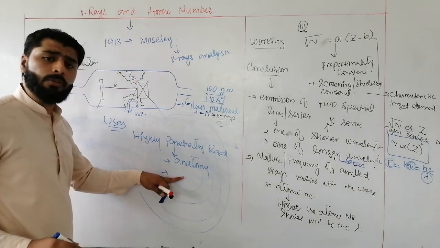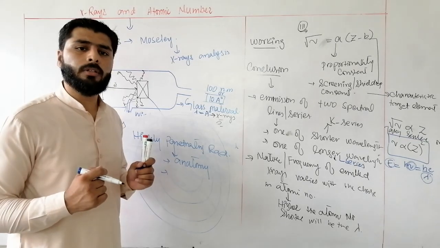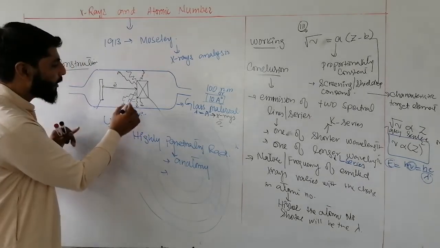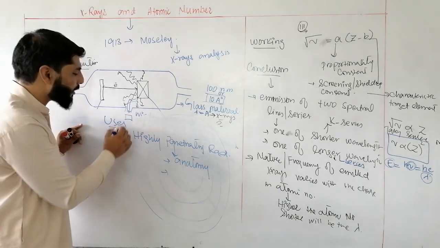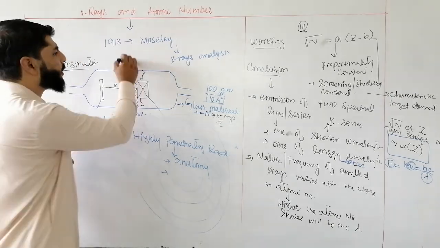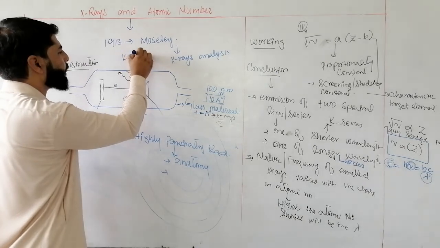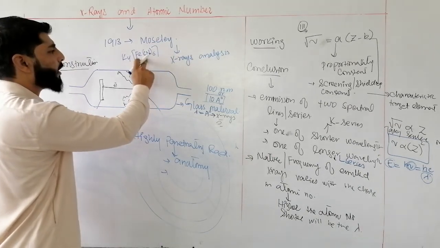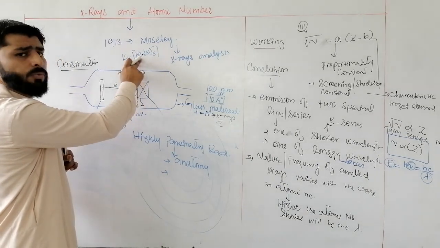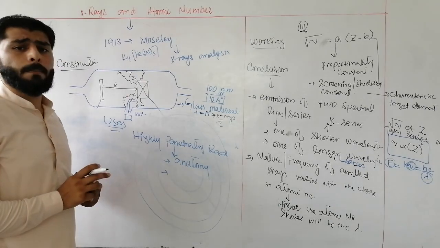They can also be used to cast a shadow. As we have seen, when these radiations are targeted on a crystal, he used potassium hexacyanoferrate(II).